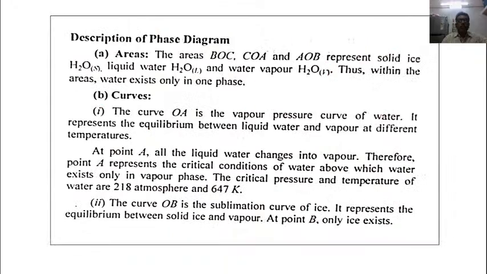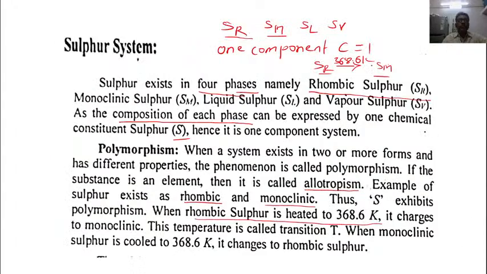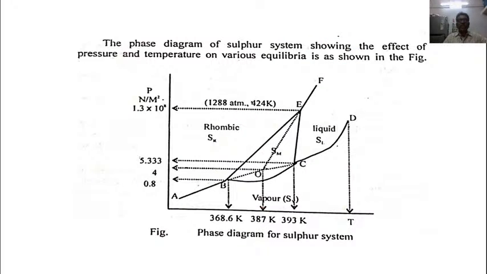Then we have taken the second example, that is the sulfur system. In the sulfur system there are four phases existing: rhombic sulfur, monoclinic sulfur, liquid sulfur, and vapor sulfur. So this is the diagram for the sulfur system. As compared to the water system, the diagram of the sulfur system is somewhat complicated but not difficult.